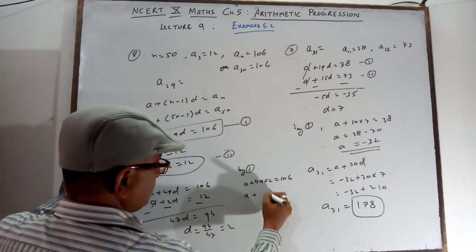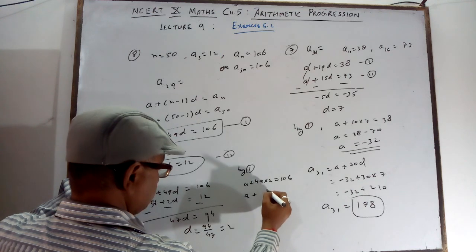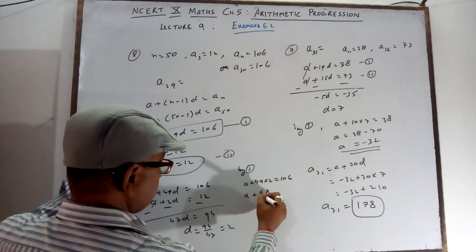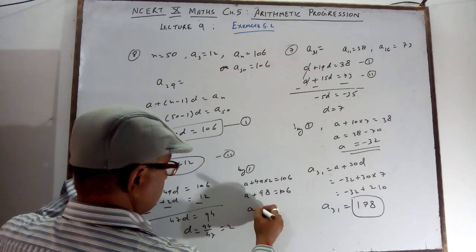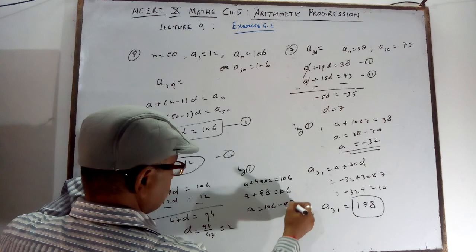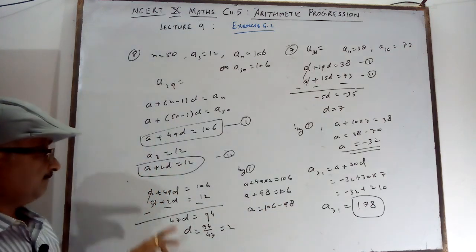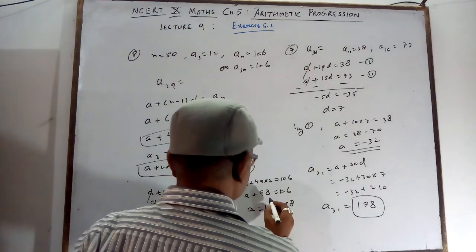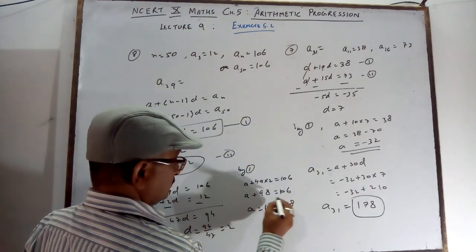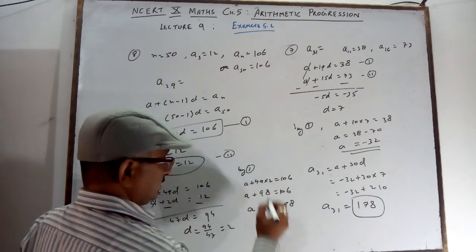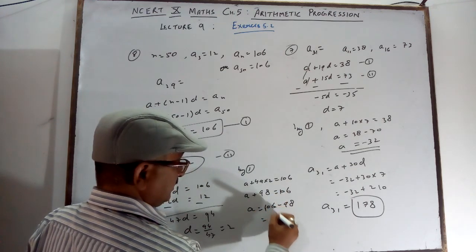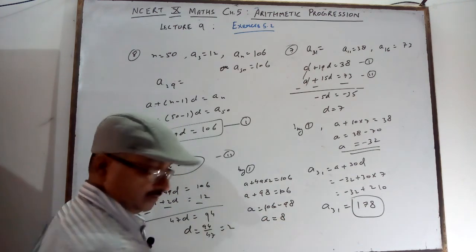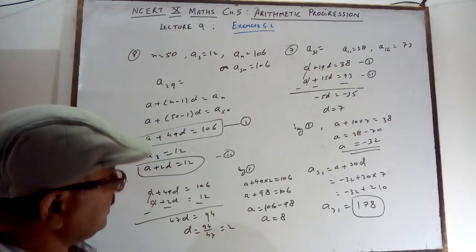So A is 106 minus 98. What are you getting? A is equal to 8.